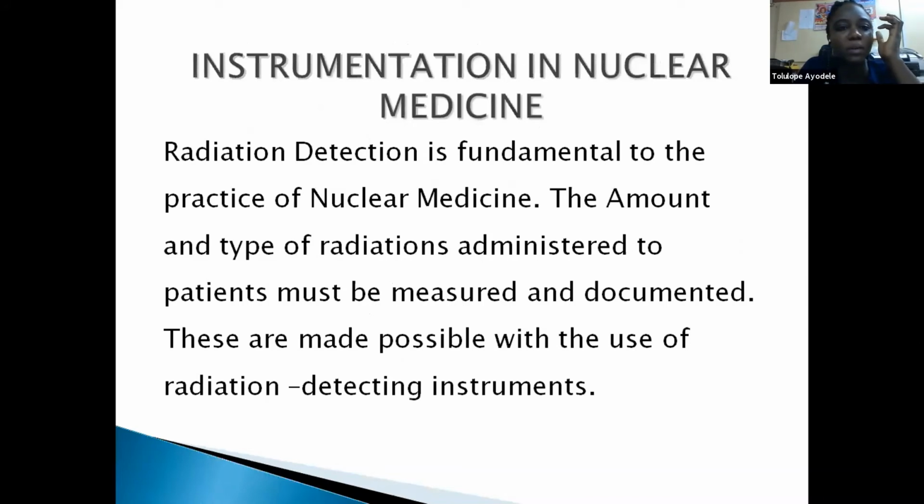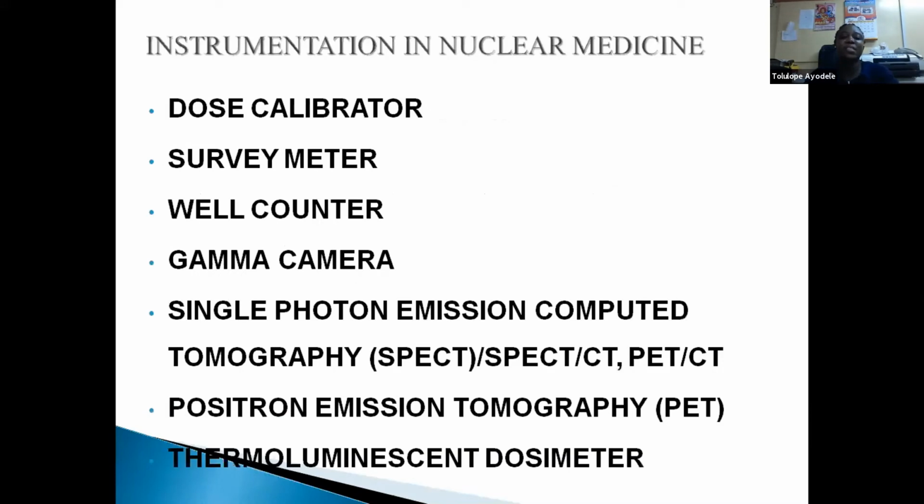I hope you can all hear me. Radiation detection is fundamental to the practice of nuclear medicine. The amount and the type of radiation administered to patients must be measured and documented. These are made possible with radiation detecting instruments.